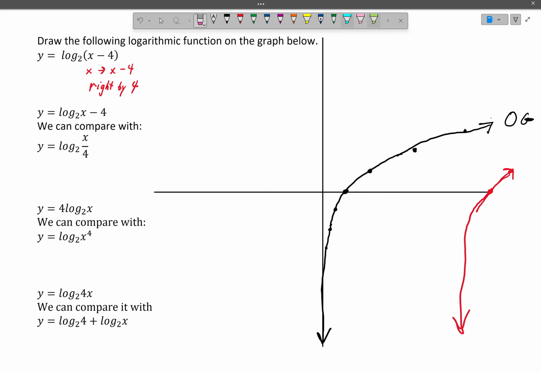Okay, let's take a look at our next one. What has happened here? Well, y has been replaced with y plus 4, which means it's going down by 4. So we take all these points and we just go down by 4. 1, 2, 3, 4.